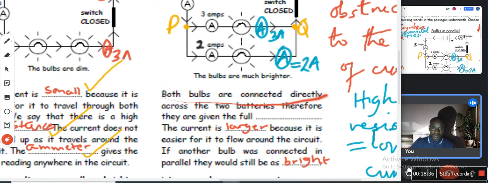So it says both bulbs are connected directly across the two batteries.